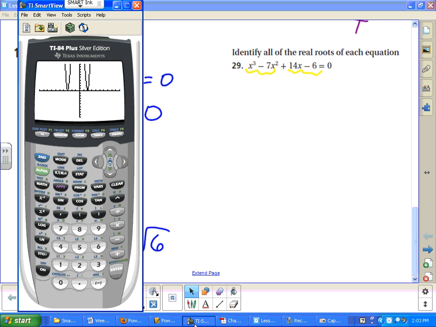So we're going to put that function in our y equals x cubed minus 7x squared plus 14x minus 6.